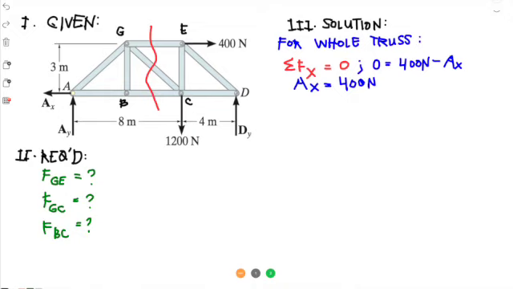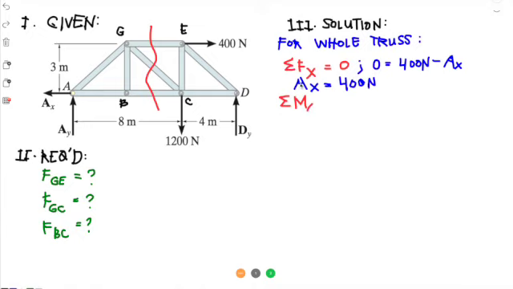Next is if we do a summation forces in Y, will we accomplish anything? Not yet, since we have two unknowns, we have AY and DY. So what's best is to do a summation moments. So summation moments, and what is our criteria for the selection?